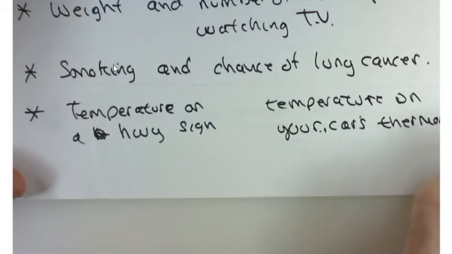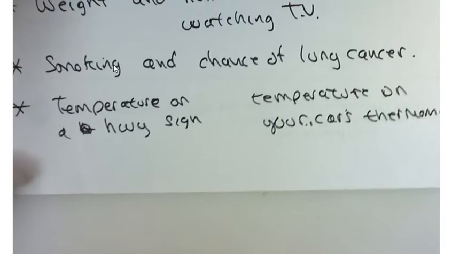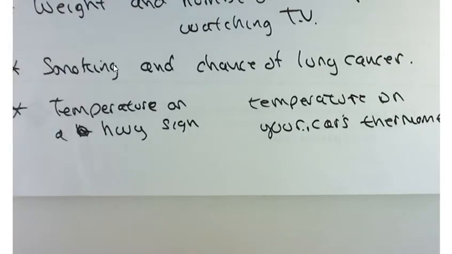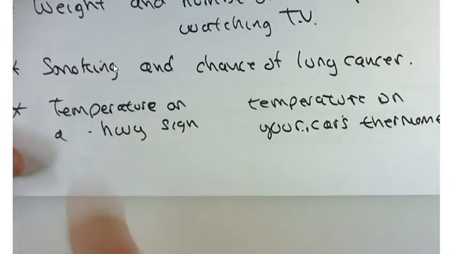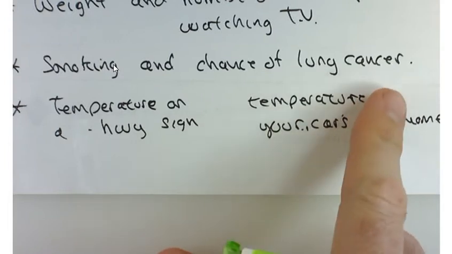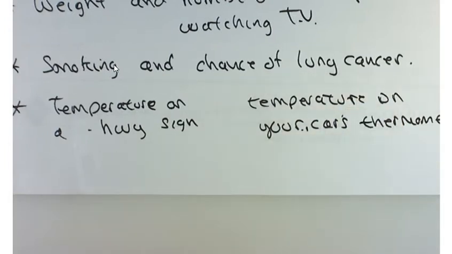Are they going to be correlated, or is there a causal relationship? I think correlated. Temperature here doesn't cause your car to read anything, but they are still measuring the same thing, so they are going to be correlated.